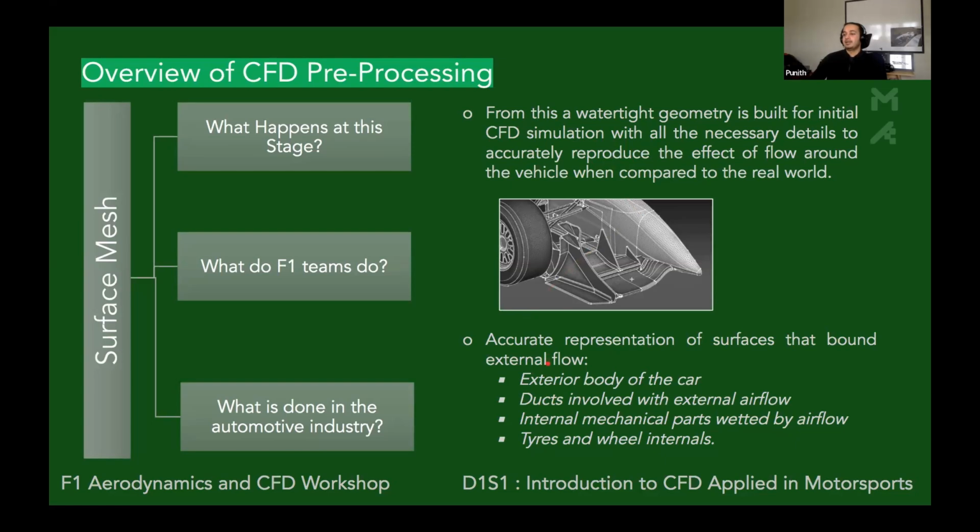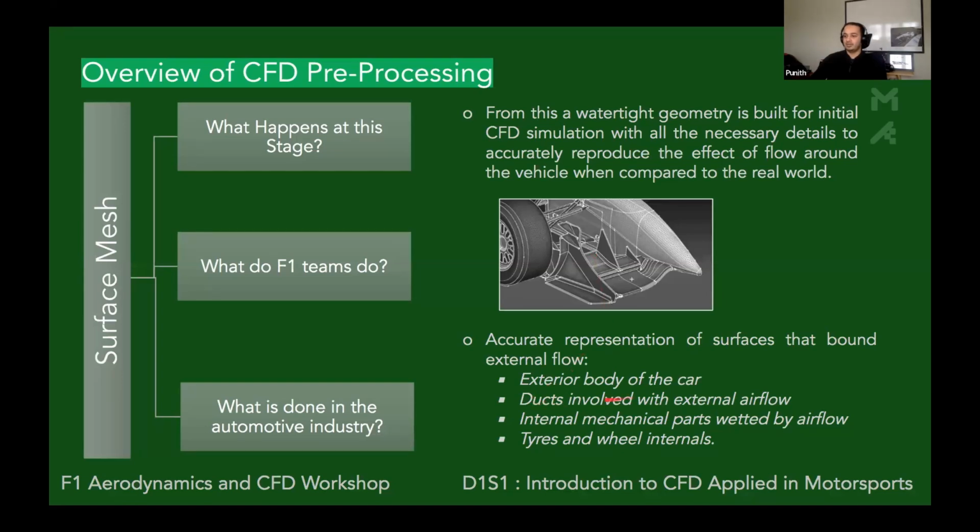And then accurate representation of surfaces that bound the external flow. What do I mean by that? You need to imagine where the flow is likely to go. It could be just around a car and not anywhere in the internals. But that's very unlikely because a car needs cooling, for example.